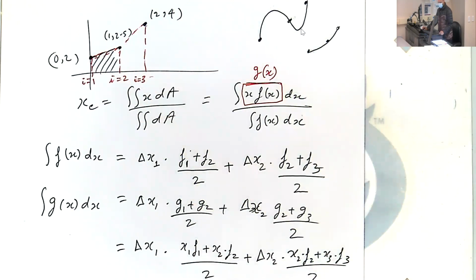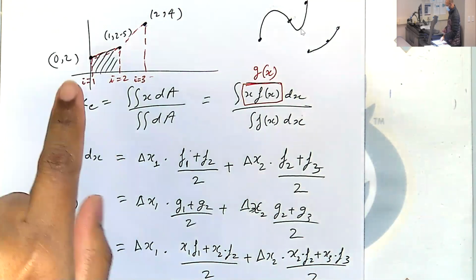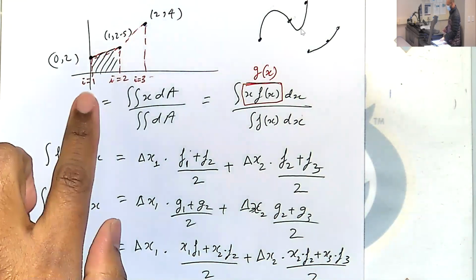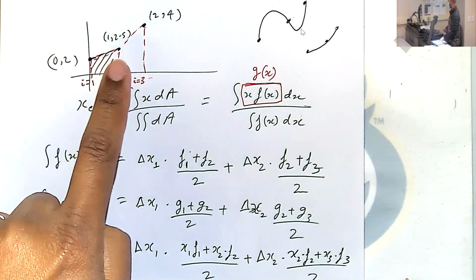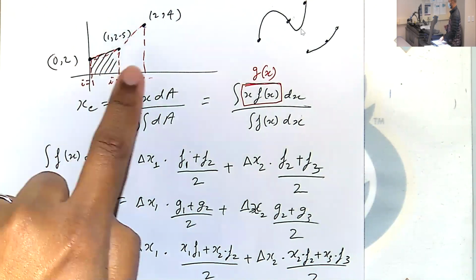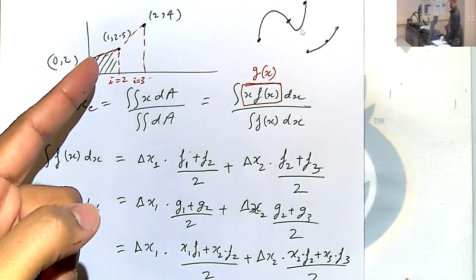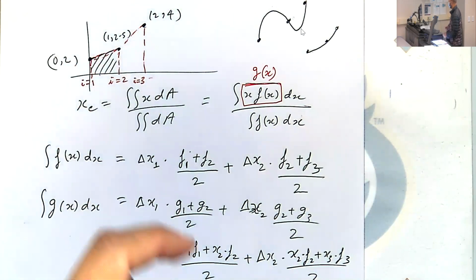Well, in this case, we only have 3 data points. So we only have the possibility to create 2 subintervals. Remember, number of points is always 1 more than the number of subintervals. It makes sense, right? 1, 2, 3 points, box 1, box 2.